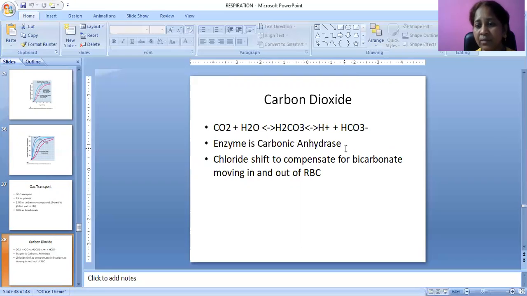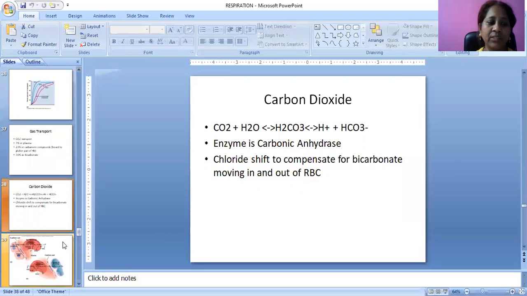In the presence of carbonic anhydrase, dissociation of carbonic acid into hydrogen ion and bicarbonate ion is very high. Chloride shift: chloride shifts to compensate for bicarbonate moving in and out of the RBC.